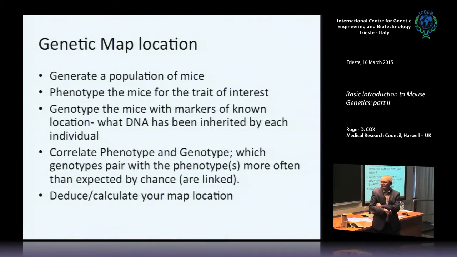And from that, you can calculate your map location. Does that make sense? So those are the basics of genetic mapping: having polymorphism, exploiting recombinations, being able to measure phenotypes, get the genotypes, compare the two, and identify which bits of DNA are going more frequently with your trait of interest.